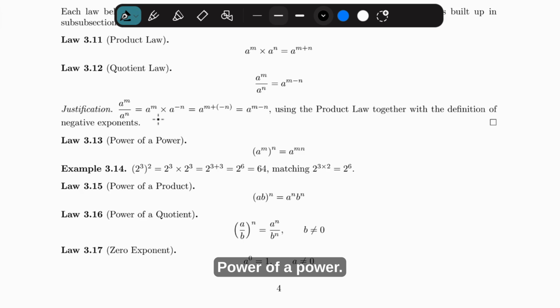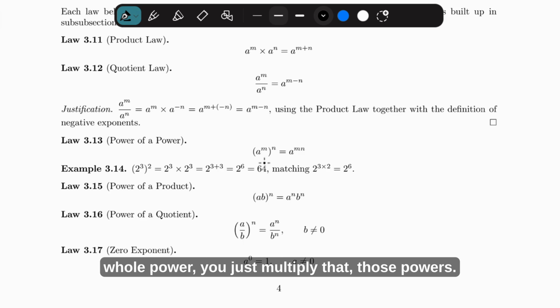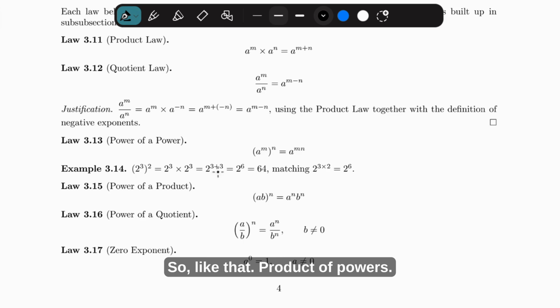Power of a power: when you have a power raised to a power, you just multiply those exponents. Product of powers: exponents are distributed over a product. Power of a quotient: again it is distributed over the quotient.